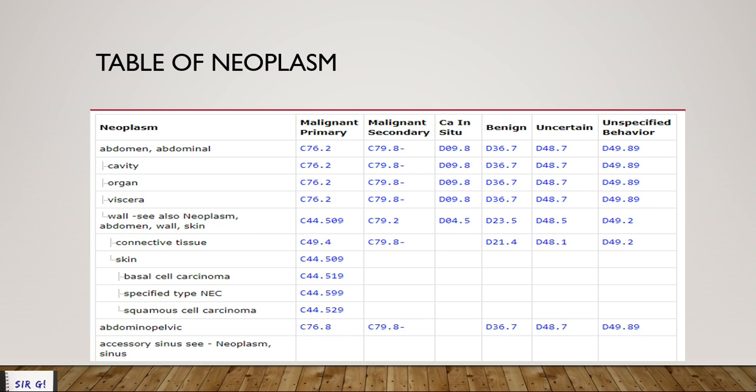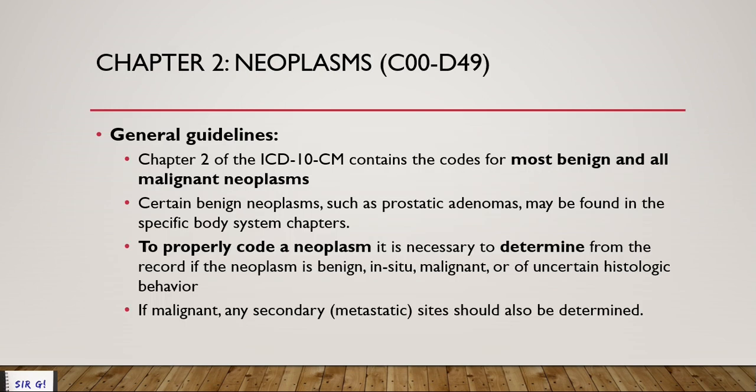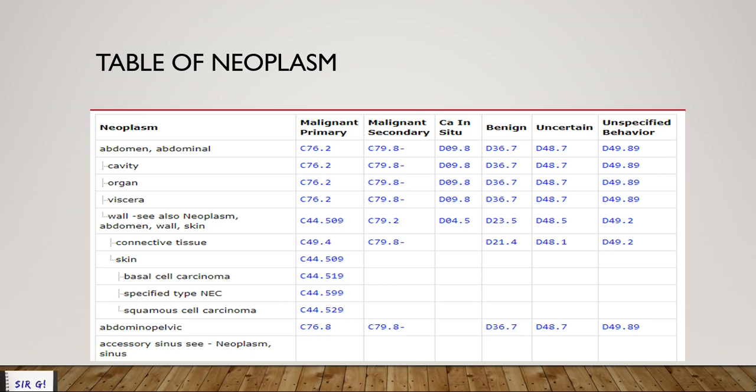When you're good with your anatomy, in the exam or in the scenario, they will most of the time mention the specific anatomical location, because you need to know that to properly code any neoplasm. The next thing that you need to know as per your general guideline is if it's benign, in situ, malignant, or uncertain, and we have an additional one, which is unspecified.